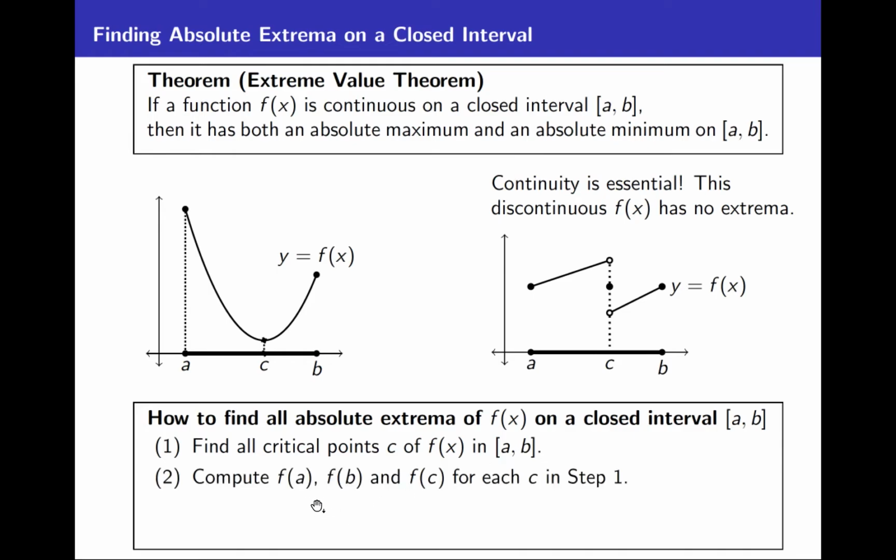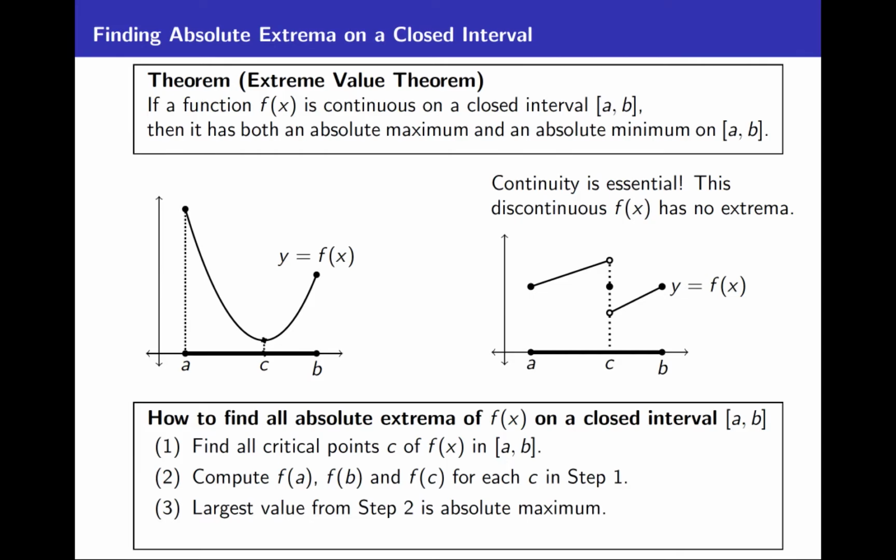In the second step, you're going to compute f of a, the left-hand endpoint, and f of b, f of the right-hand endpoint, and also f of c for each critical point c that's in the interval that you got in step 1. And doing this, you'll get a bunch of numbers, at least 2 numbers, f of a and f of b, and also maybe 1 or more f of c values.